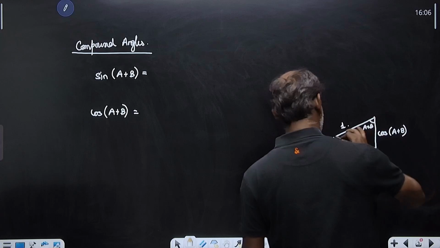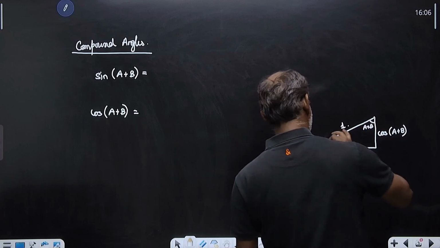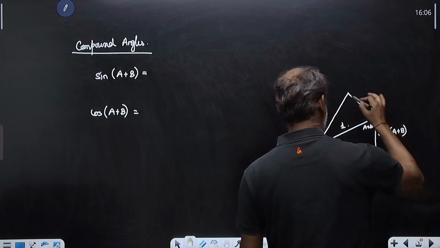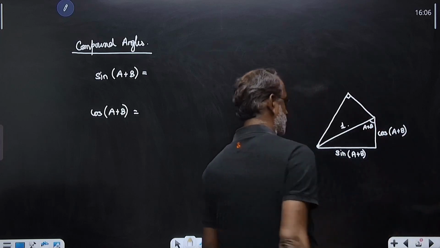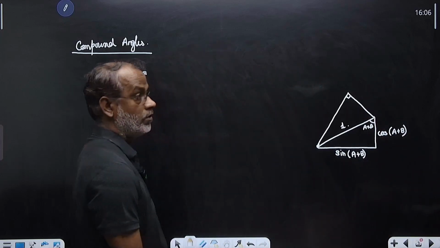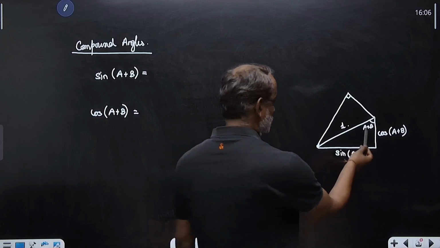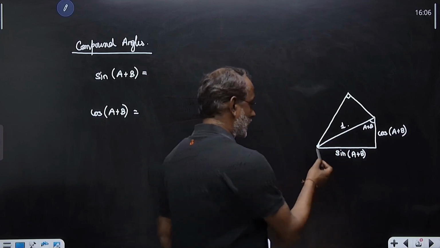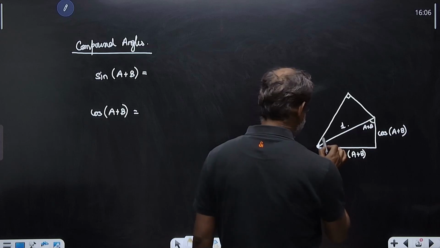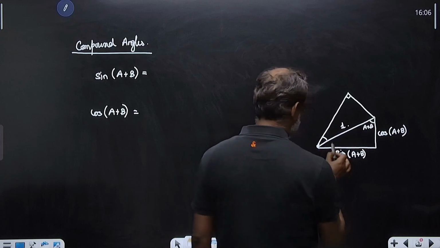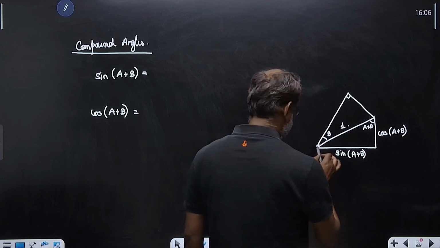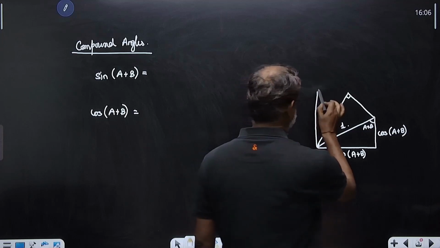So, if this is a plus b, this is 90 minus A minus B. So let this angle, for simplicity, be B. So we complete this rectangle.